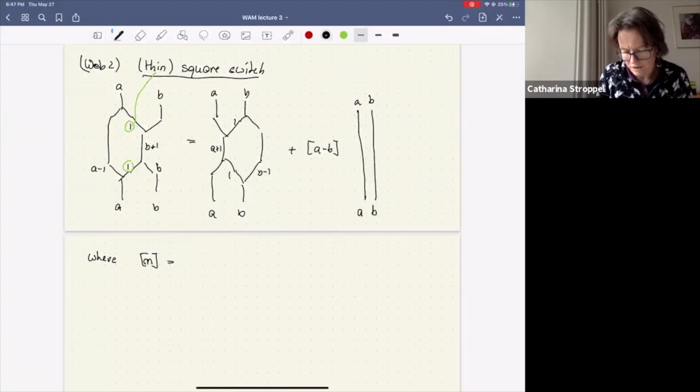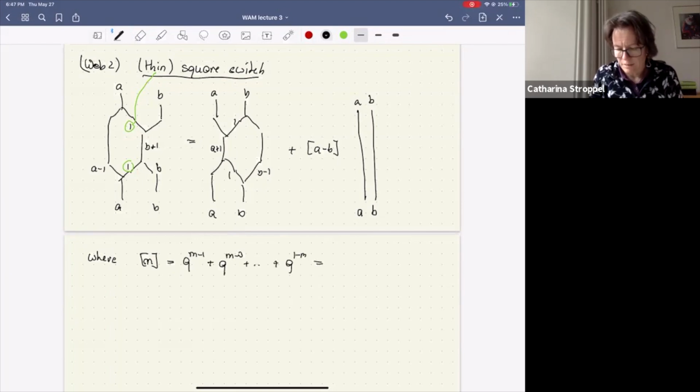So M is just Q to the M minus 1 plus Q to the M minus 3 plus etc. plus Q to the 1 minus M, which is exactly this quantum number, Q to the M minus Q to the minus M divided by Q minus Q inverse, in case Q is not equal to Q to the minus 1.